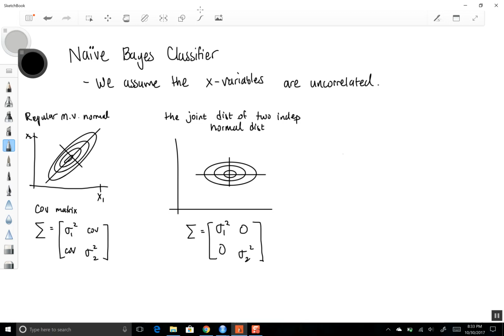Well, sometimes we want to make this bad assumption because getting an accurate estimate of the covariance matrix often requires lots of data points.